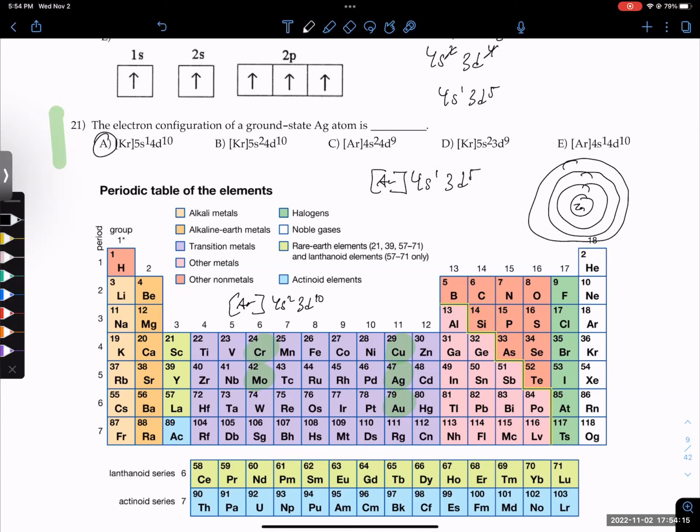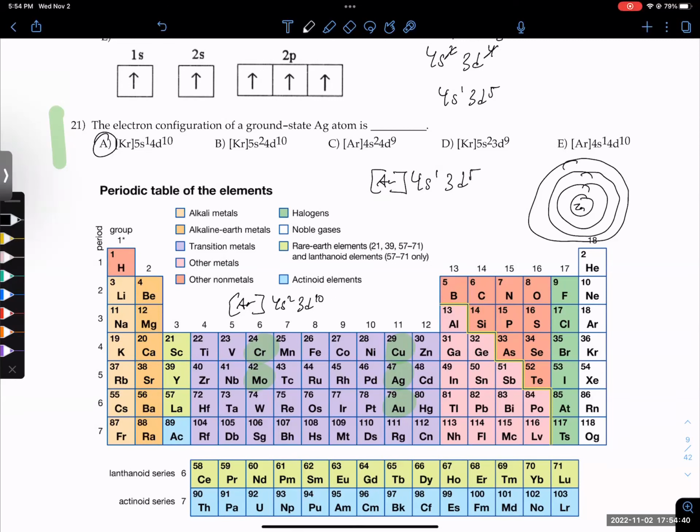All right, do y'all have any more questions at the moment? No. So in this same aspect of question, silver will be 11 valence electrons, right? Exactly.